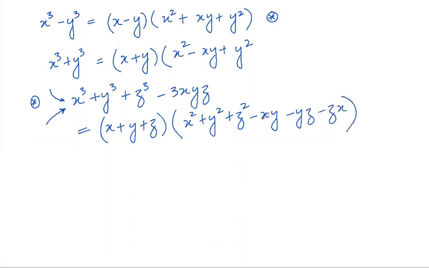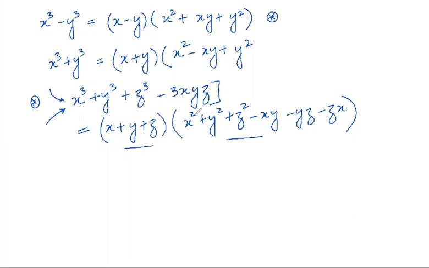So actually it's these three signs which will eradicate all other terms except for these four terms. So again, you might ask me, how do you remember this? So students, the best way to remember is multiply these two terms 3-4 times, and you'll get practice, and you will get this answer: x cube plus y cube plus z cube minus 3xyz is equal to this.